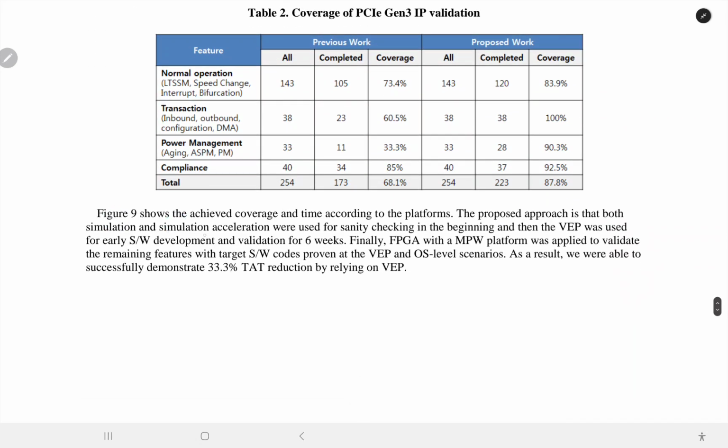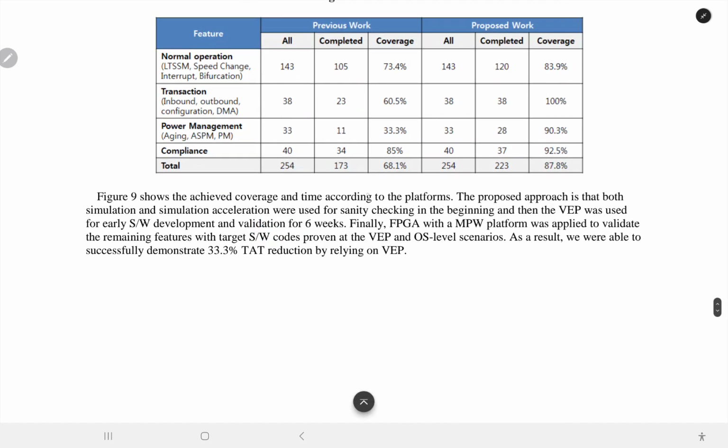Figure 9 shows the achieved coverage and time according to the platforms. In the proposed approach, both simulation and simulation acceleration were used for sanity checking in the beginning, and the VEP was used for early software development and validation for 6 weeks.